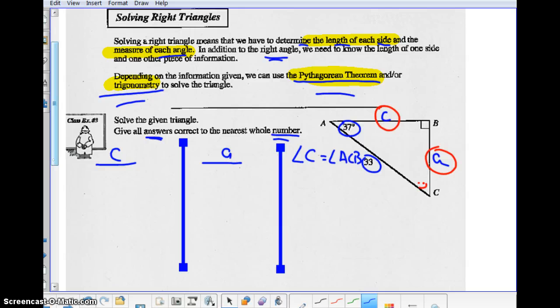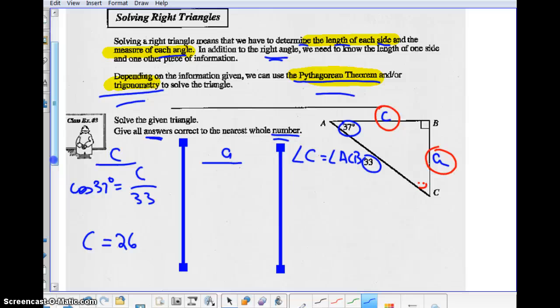In order to find c, we've learned that I'm going to have to use cosine. Cosine of 37 degrees is equal to c over 33. So c equals 26.